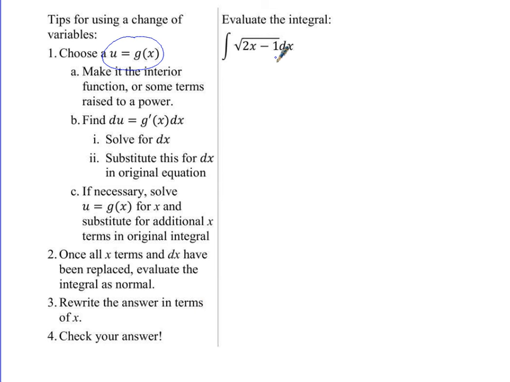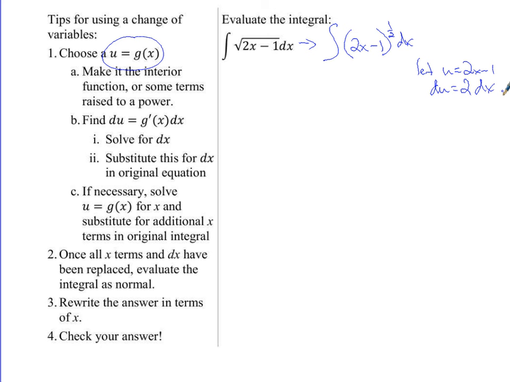For example, the integral of the square root of 2x minus 1 dx. Well, obviously I'm going to rewrite that first. Integral of (2x minus 1) to the 1/2 dx. Let u equal 2x minus 1, this interior function. So off to the side, I'm going to write let u equal 2x minus 1, which means that du equals 2 dx.